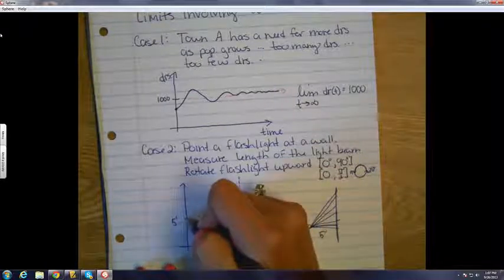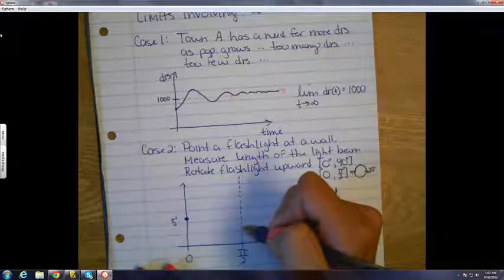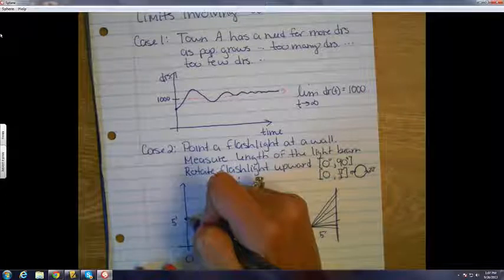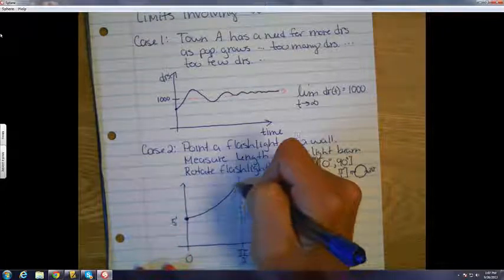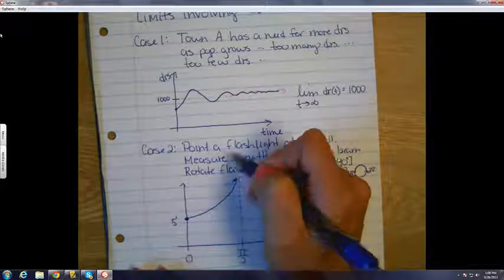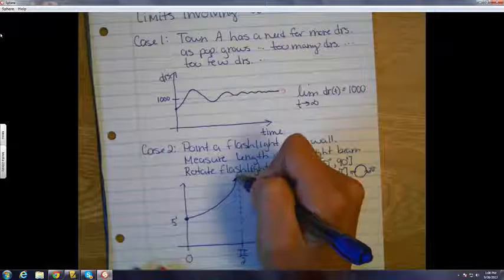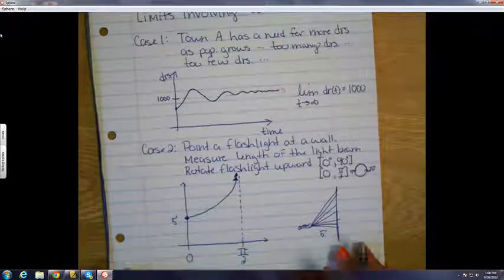So when I'm at my 0 radian angle, I'm at 5 feet, and as I increase the angle, my beam of light gets longer and longer. And like I said, if my light had enough power, that beam of light would keep climbing all the way to infinity. So now I can ask a question.